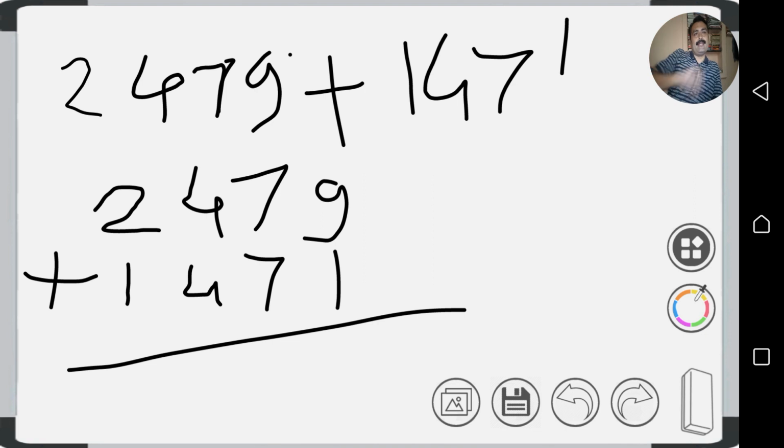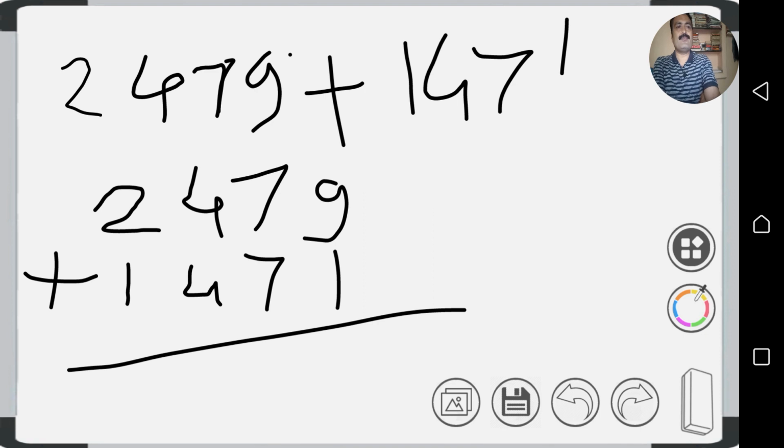In this, if you observe, while making the vertical arrangement, 1 I am writing below the 1's place, that is 9, 7 below 7, 4 below 4, and 1 below 2. That's important. We write the 1's place below the 1's place, 10's place below 10's place, 100's place below 100's, and 1000's below 1000's. After making this vertical arrangement, it is important to start from the 1's place.